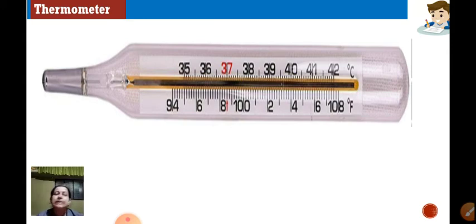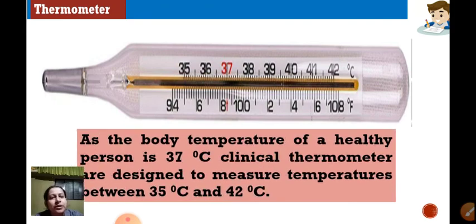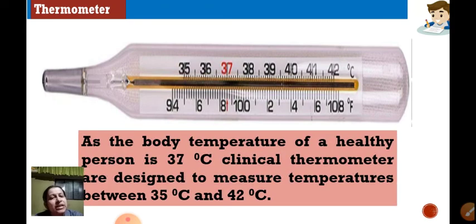So this is regarding the clinical thermometer. Remember, the range of the clinical thermometer is between 35 degrees Celsius to 42 degrees Celsius, and the normal body temperature of a healthy person is 37 degrees Celsius, which corresponds to around 98.6 degrees Fahrenheit. That you have to remember.